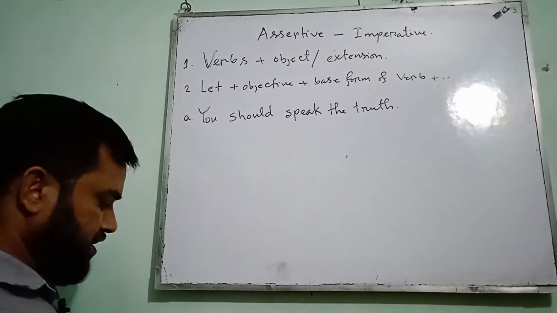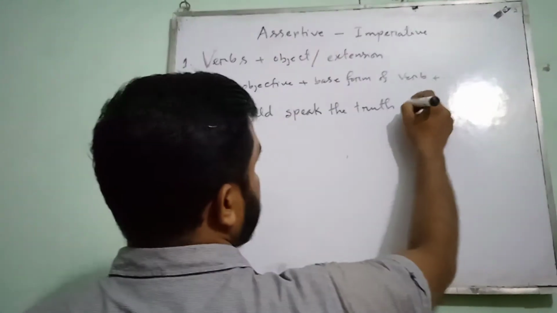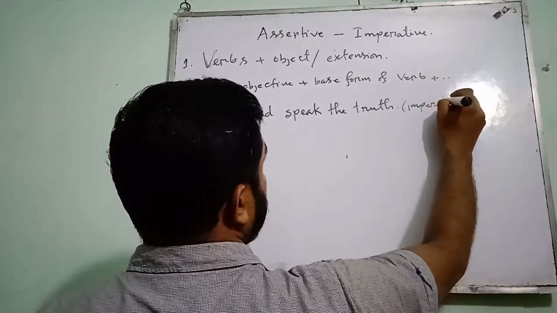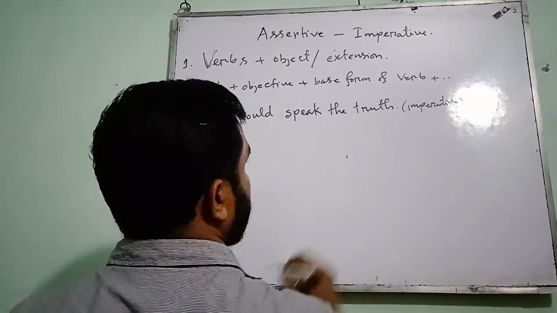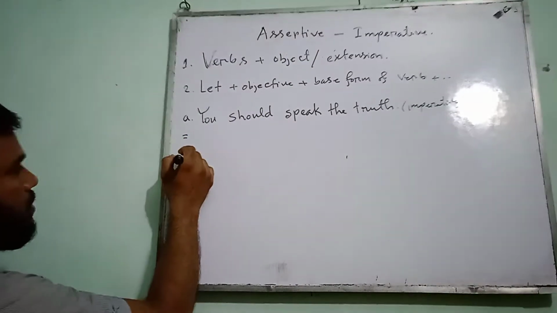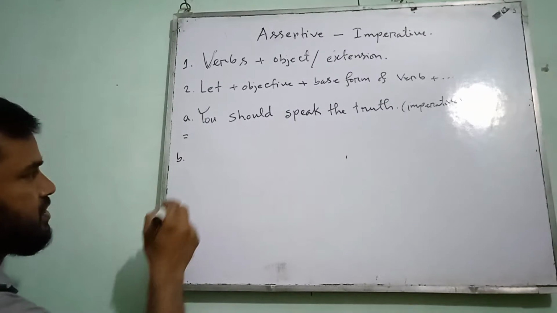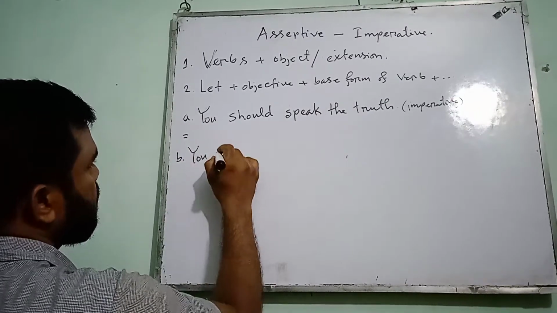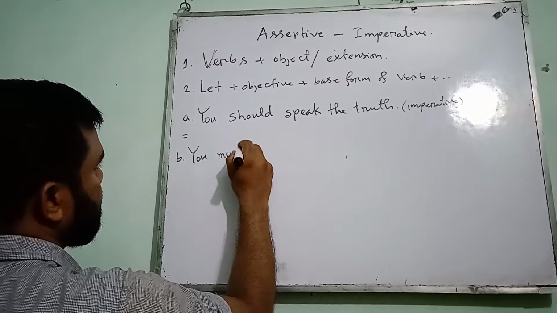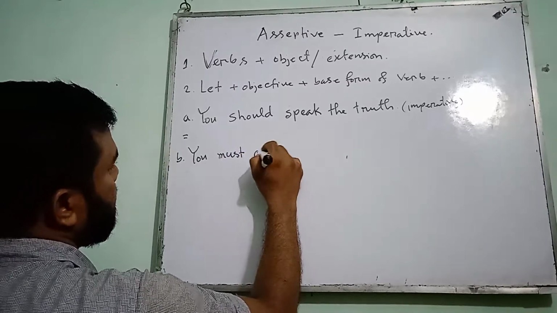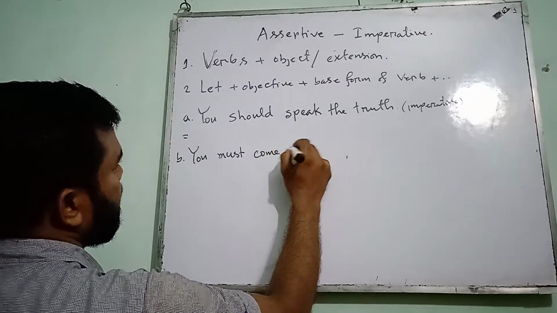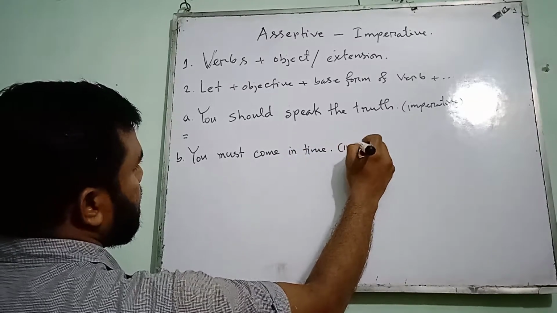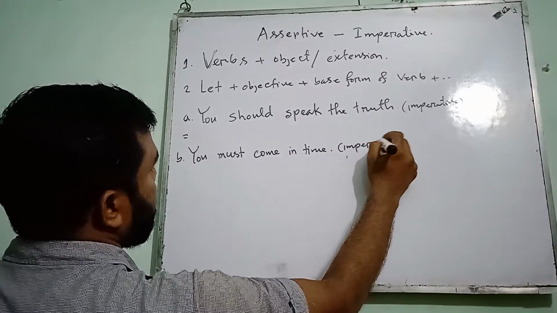This is an assertive sentence and we have to make it an imperative one. Let's have another example of an assertive sentence that begins with you. You must come in time. Imperative.